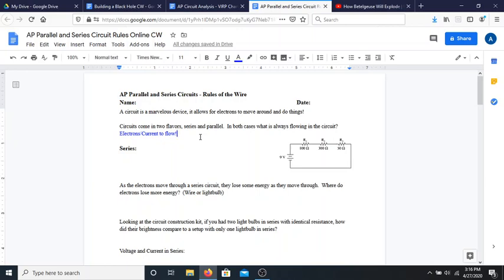Now, a series circuit is drawn off to the right. Every series circuit has the same thing going on, and that is that there's only one path for the current to flow through. So we can define a series circuit as a circuit that only has one path for current to flow through.